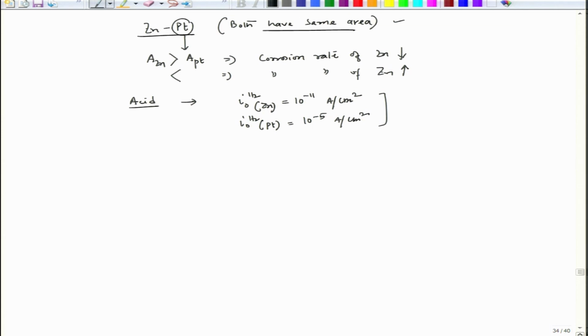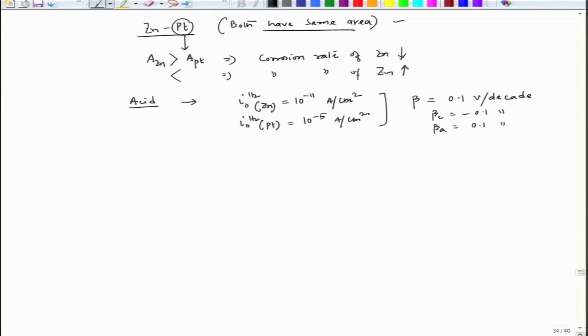Now, if we assume that beta is always 0.1 volt per decade of current density, of course beta C would be negative 0.1 volt per decade and beta A would be 0.1 volt per decade, and these values are similar in all the reactions that are possible.